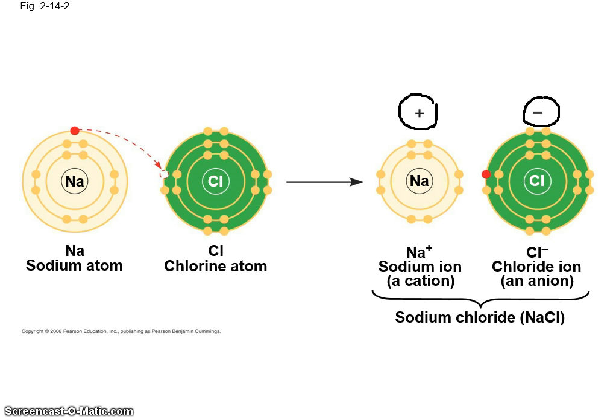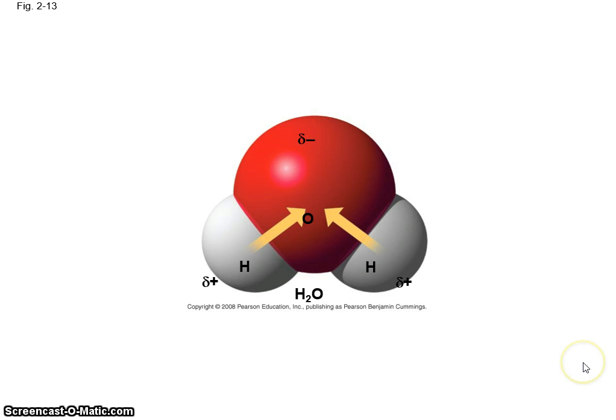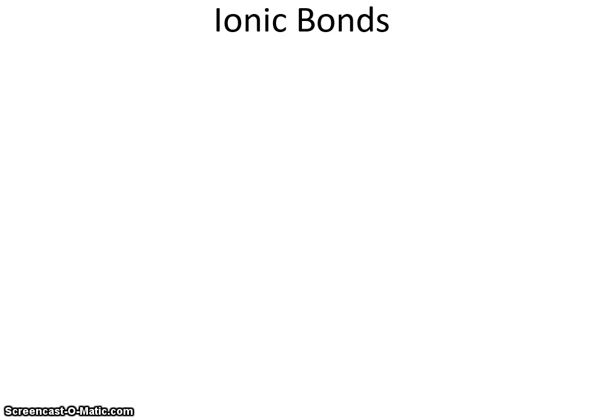And as you know, things that are oppositely charged will attract. So this positively and this negatively charged atom will attract to each other, and that is what an ionic bond is. Now, unlike our covalent bonds, so let me jump back here, where it actually forms a molecule between oxygen and 2 hydrogen, ionic compounds are a little bit different.